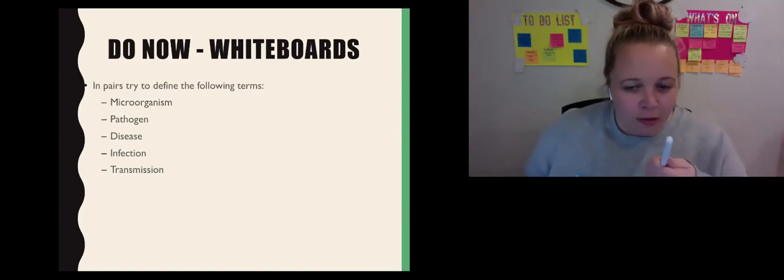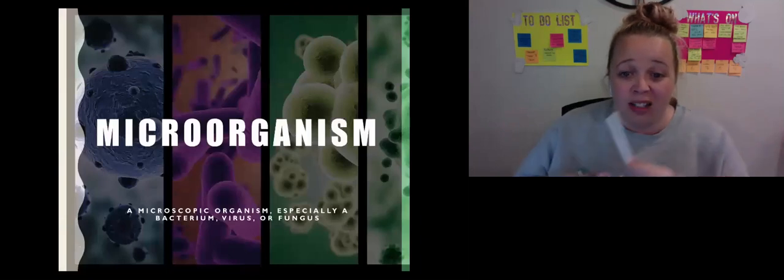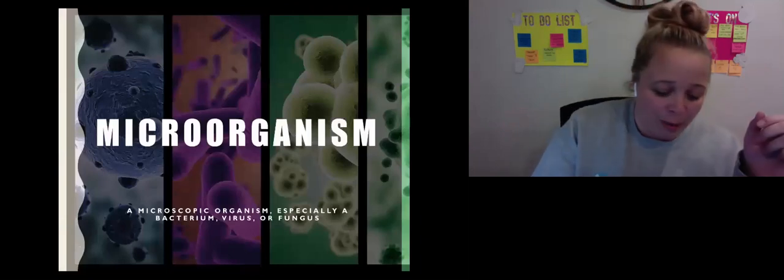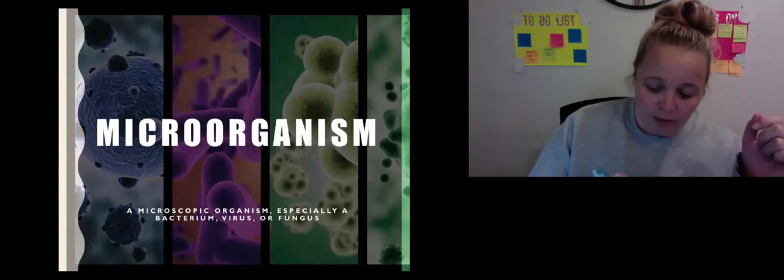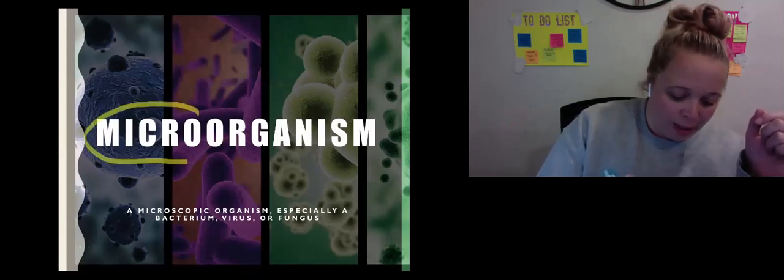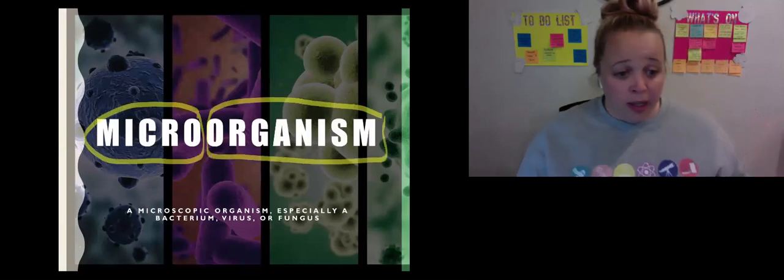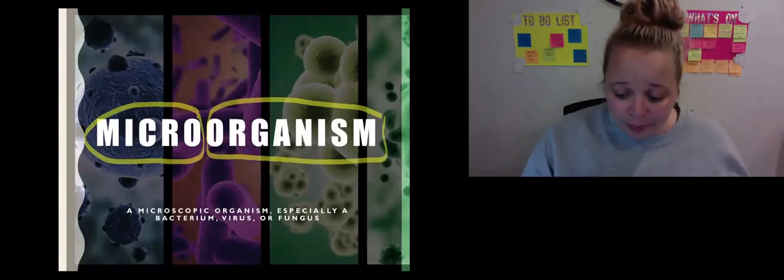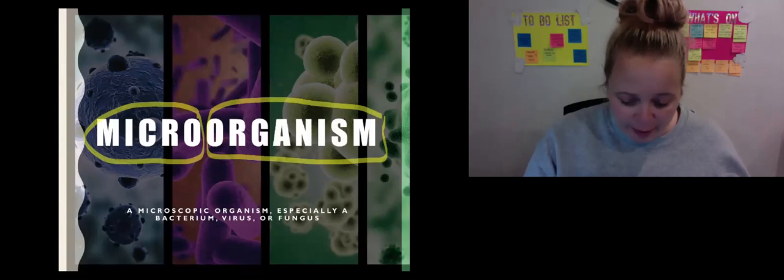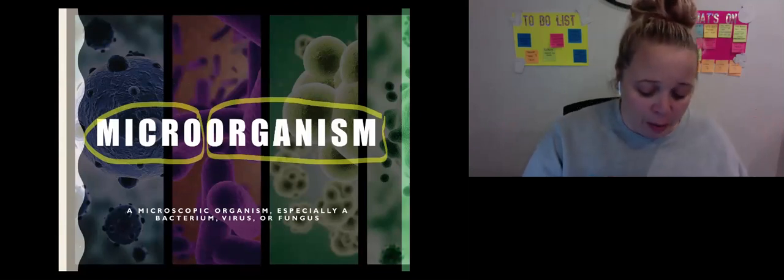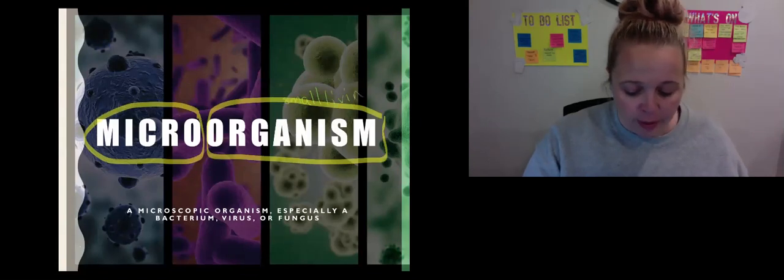Now I'm hoping you've gone for a pause, and we're coming back and we're going to talk about microorganism. Now this one, nice and easy, we break it into 2 parts. You have the micro part, meaning really small or microscopic, and organism. So it's a living thing. So this is a very, very small living thing.